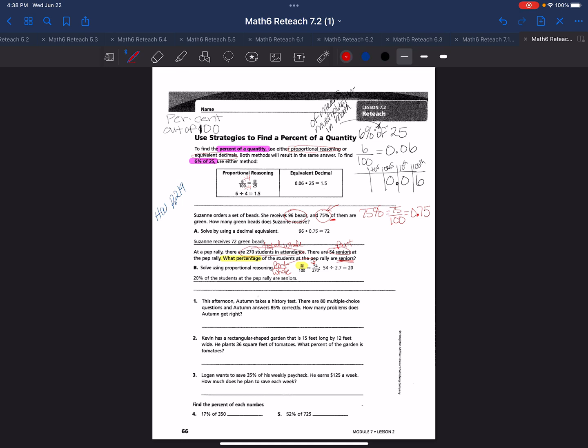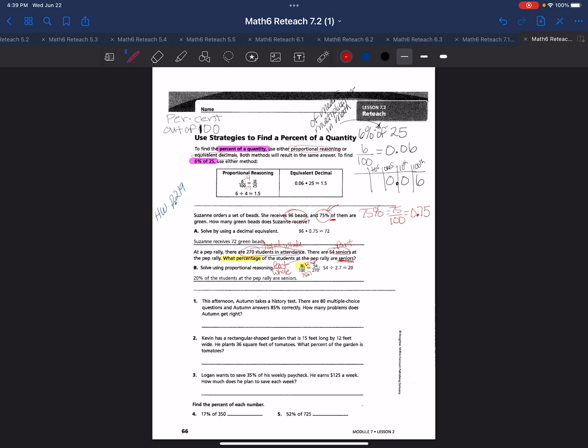So we set that up, and then we're saying 100 equals 270. 100 times 2.7 equals 270. So therefore, something times 2.7 equals 54.